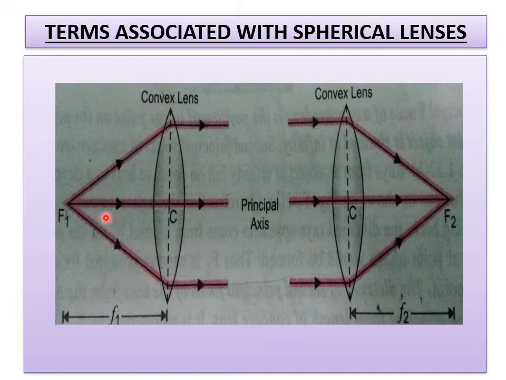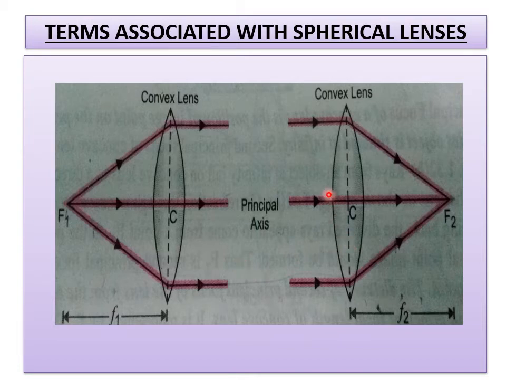See, so I told this is the principal axis, it will be a normal. If a ray passes along the principal axis, it always goes undeviated because it is a normal. I is equal to 0, R will be 0. But if it is going like this, refraction occurs. See how it is happening in these two cases.